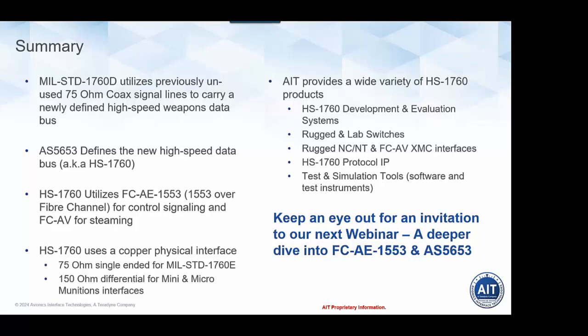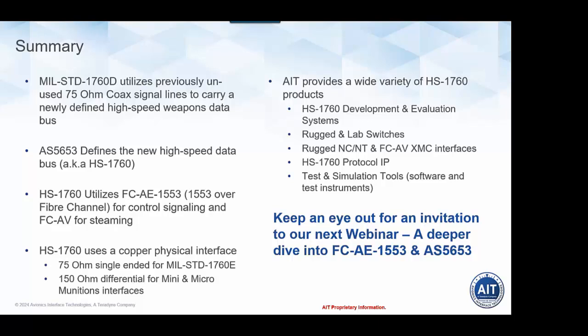HS1760 is also utilized on mini and micro munitions, which is a different standard than Mil standard 1760. In those cases, it actually uses a 150 ohm differential coaxial interconnect. At AIT, we provide a wide variety of 1760 products. We have, like I mentioned previously, the development and evaluation system.